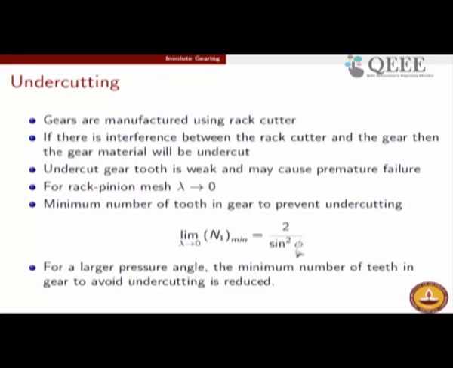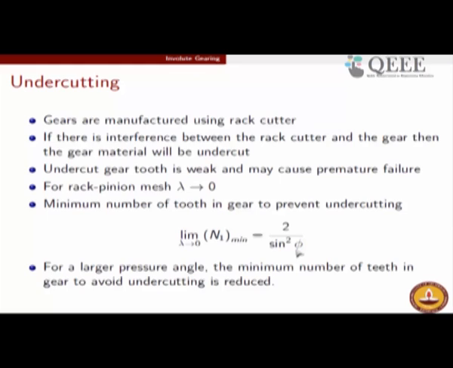For a phi of about 20 degrees, this number comes out around 18. So a minimum of 18 teeth must be there in a gear such that it can be manufactured accurately using a rack cutting operation.